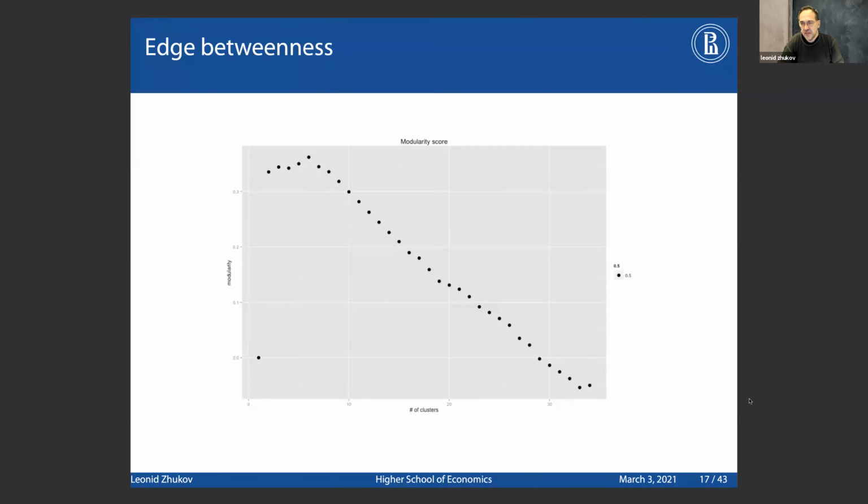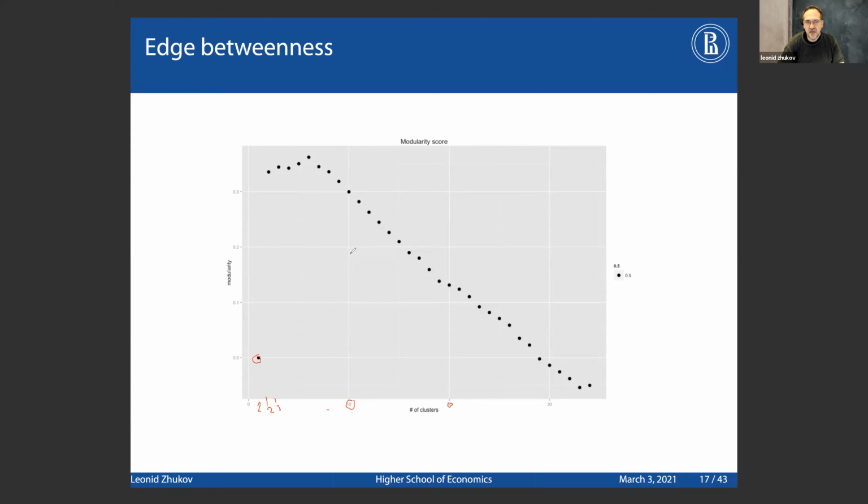as a function of the number of clusters. So remember, when we have one cluster, one community, when the graph is not split into pieces, the modularity score is 0, right? And then we split it into 2, 3, etc., 10 communities, 20 communities.